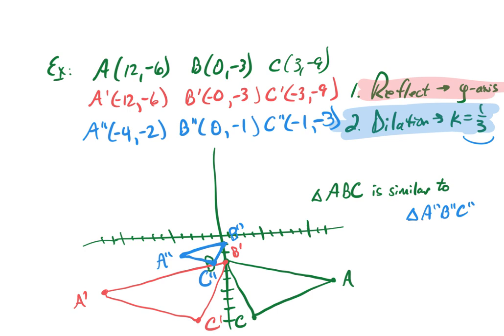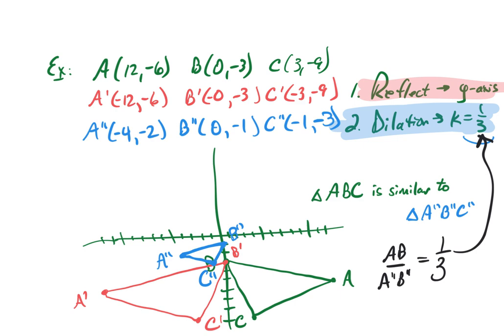So if I compared a green side like AB to a blue side, A double prime, B double prime, the ratio of those two sides is going to be the same as the scale factor, right? And it doesn't matter if I picked AB or AC or BC, it doesn't matter which sides I pick, as long as I put them together, the ratio is always going to be 1/3.